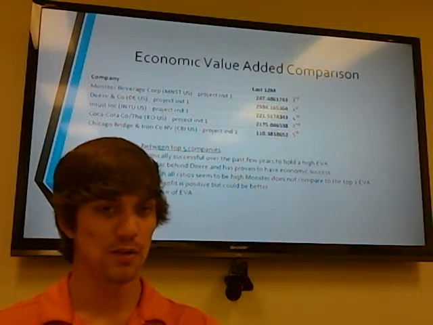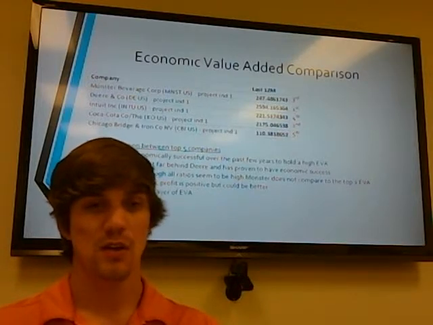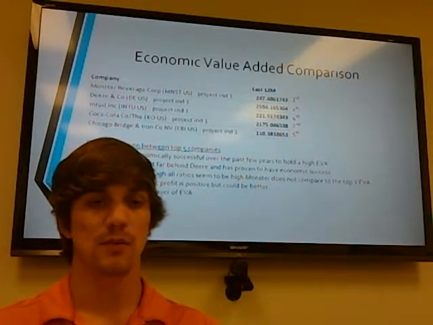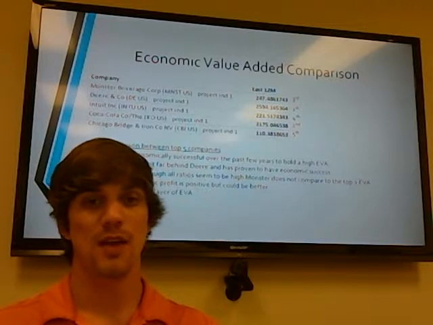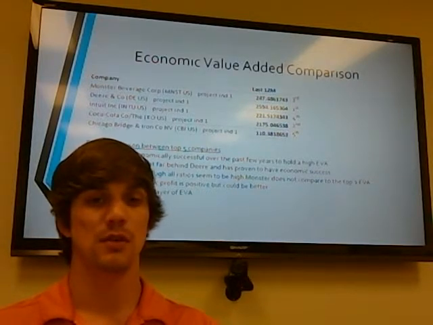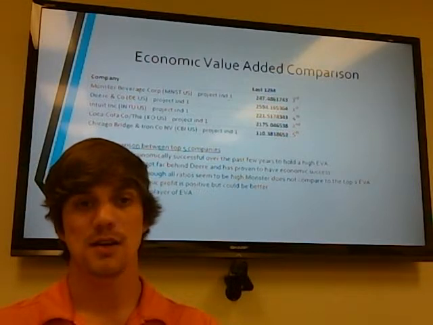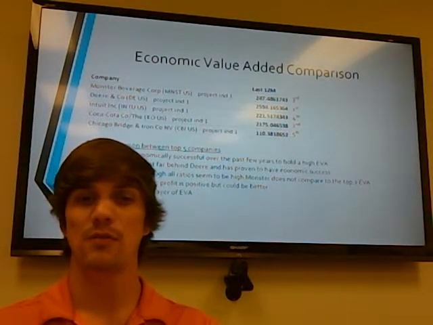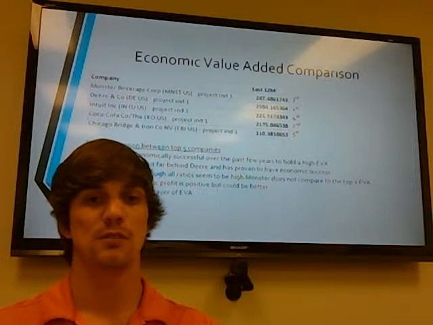So, in looking at this, I guess what does it kind of mean? Well, let's take it from the top. Deere was ranked number one. Seemed to be economically successful over the past few years to hold a high EVA. Second was Coke, not far behind Deere at all, and has proven to have economic success.